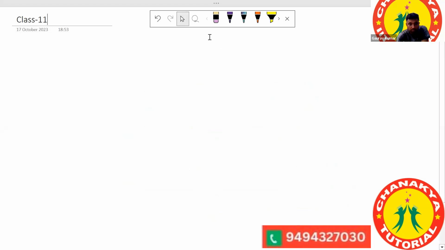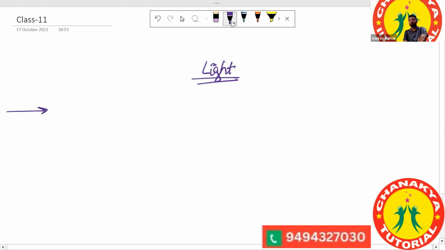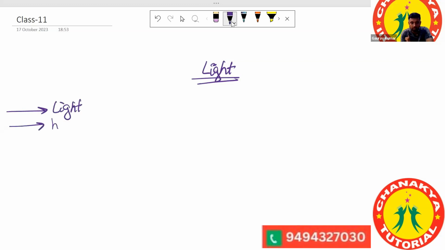Okay, can you see the screen? So we are talking about light. Let me do a fast recap of what we have done until now, and then we will move forward. We have learned about light, how it travels, its speed, the medium in which it travels.